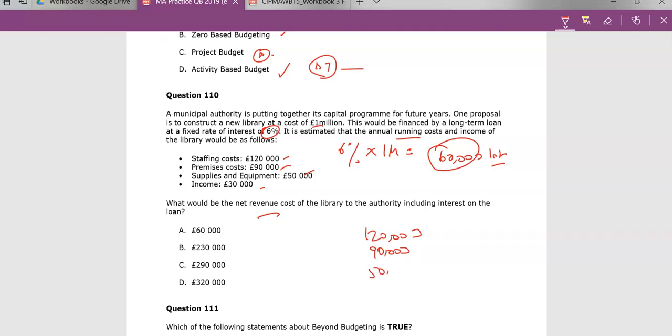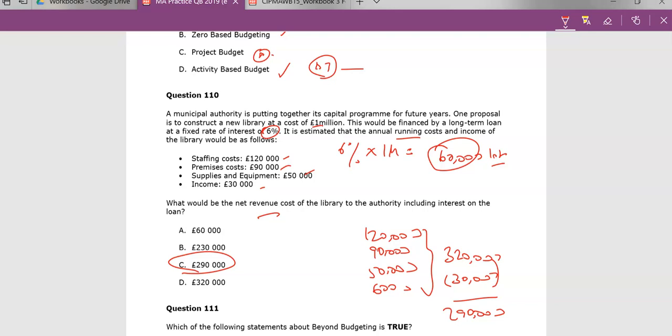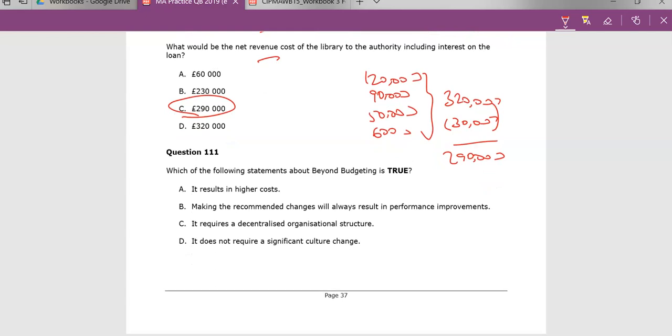It's 50,000 plus 60,000, and that should give you, I believe, 320,000. You have net revenue coming in of 30,000, to shave that off a little, and you end up with 290 as your net revenue cost. So really, we're just applying general income and expenditure arguments to budgeting.